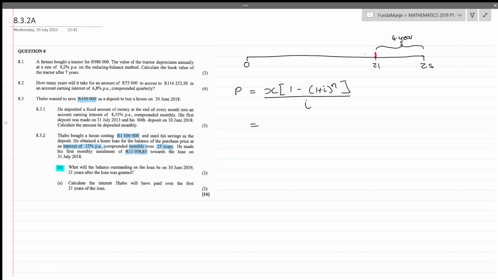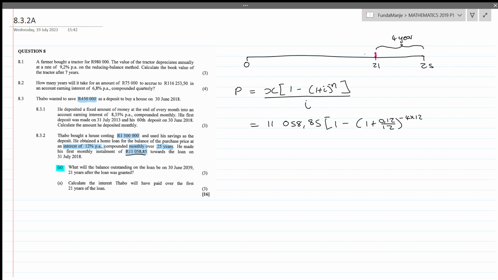So X, we know what X is, the monthly installments of 11,058, and we have 1 minus 1 plus the interest, which is 12%, so 0.12 over 12, and how many compounding terms? Excuse me, here it's supposed to be raised to the power of minus n, and that would be minus 4 times 12.